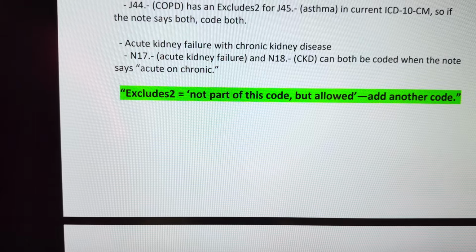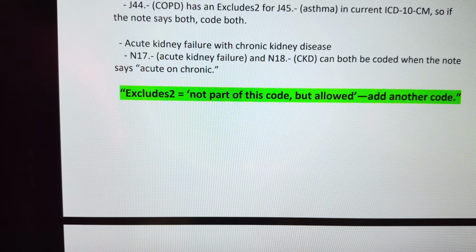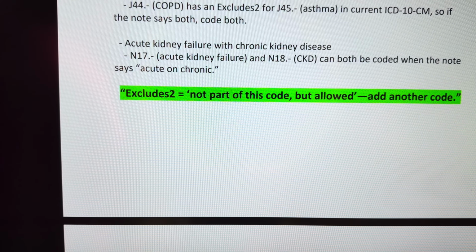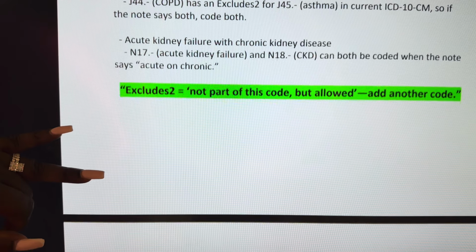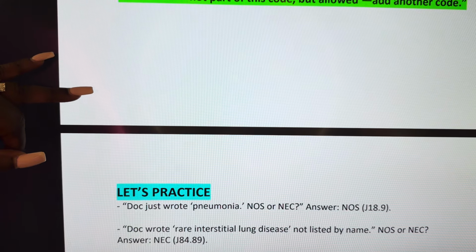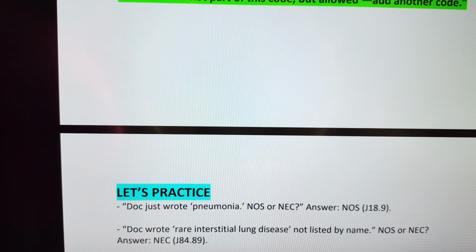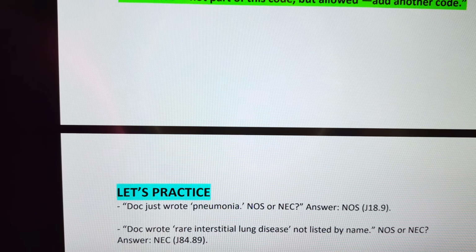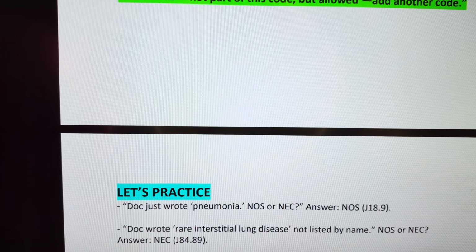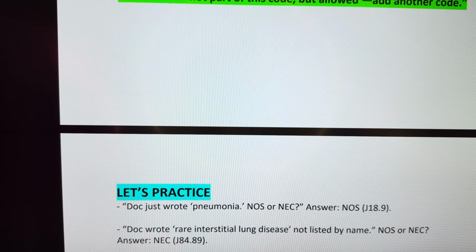So Excludes 2 means we can code both if there's documentation of both. Excludes 2 equals the condition is not included here, but it can coexist. So code both. For example, let's look down at acute kidney failure, N17, which has a fourth digit, and chronic kidney disease.